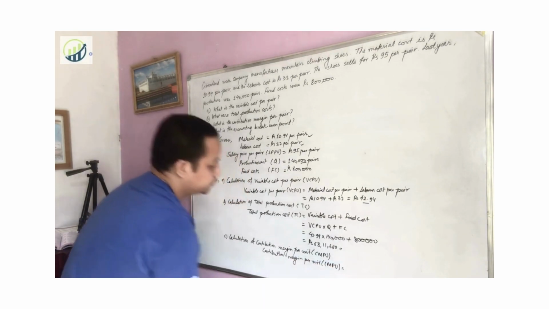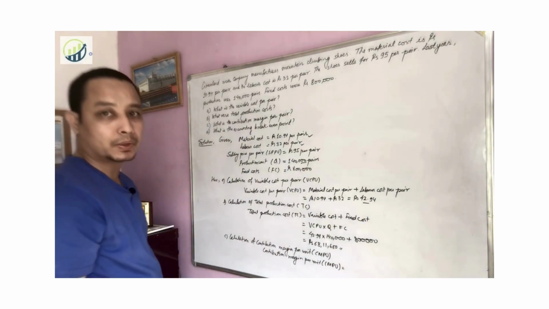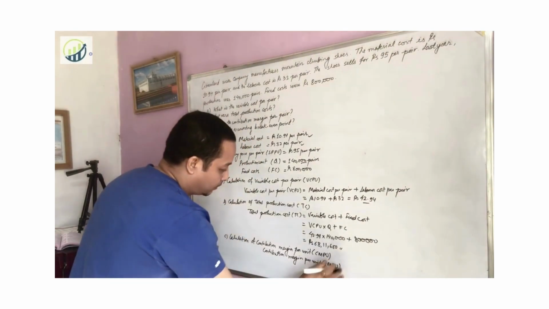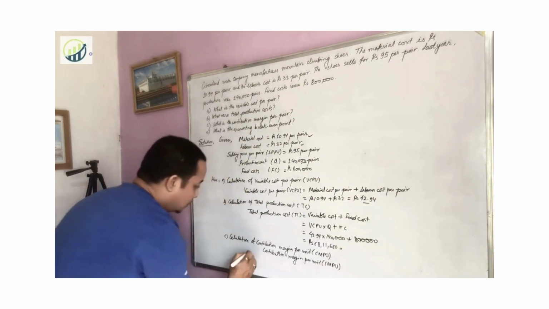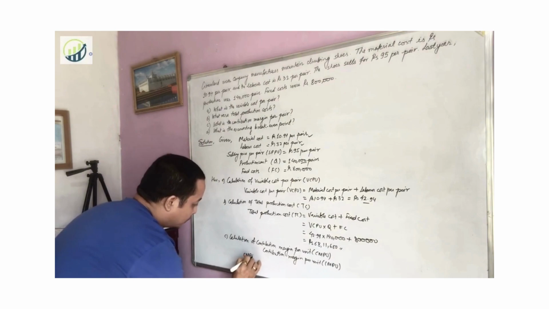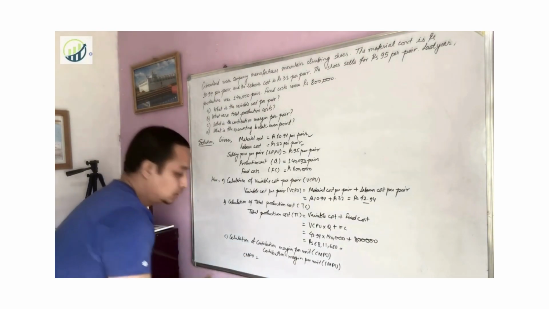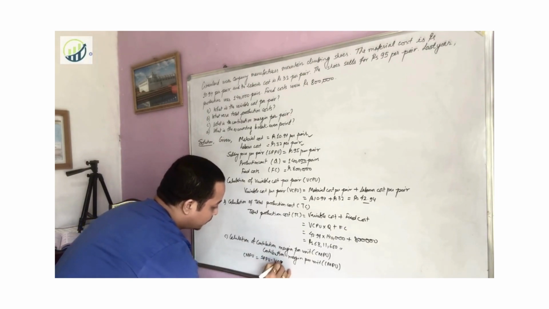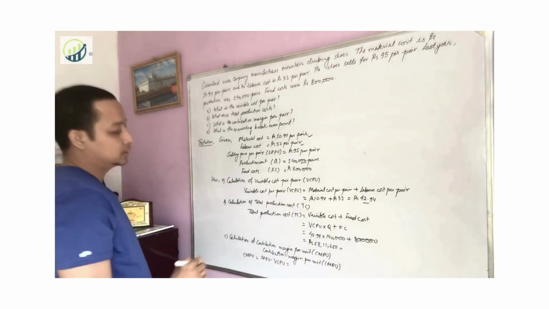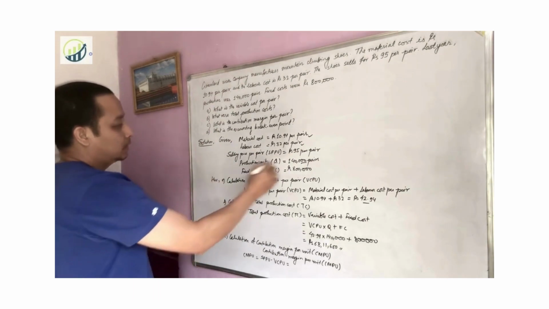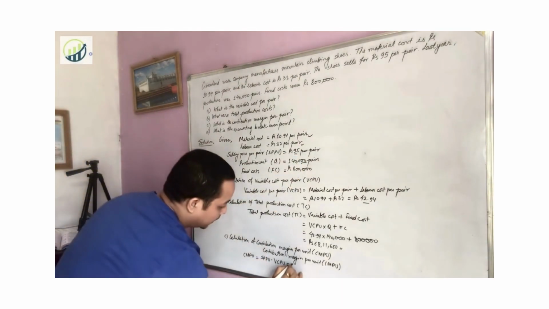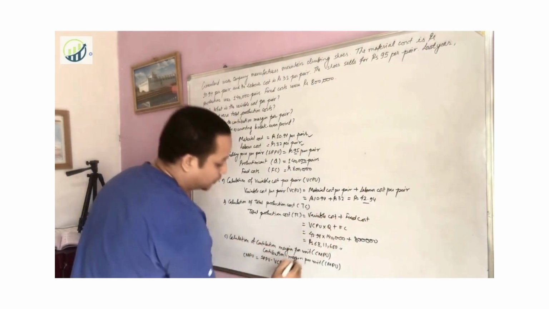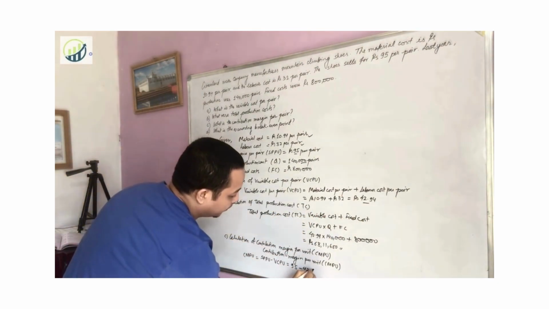is equal to selling price per unit minus variable cost per unit. So that will be your selling price per unit. You are given in the question here 95, minus variable cost per unit 42.94.